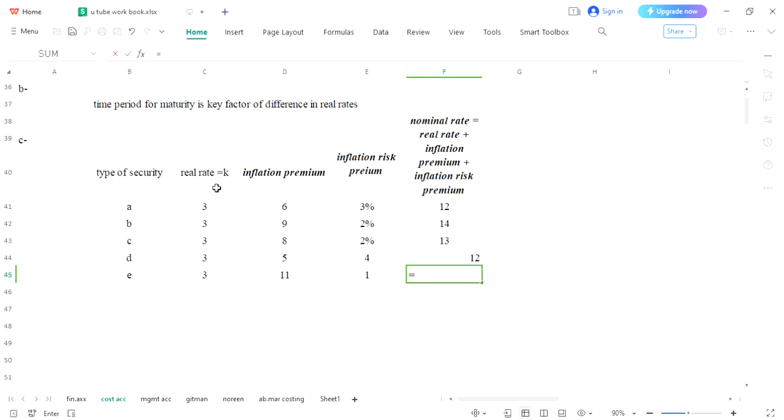And finally, we have 3% for security number E, real rate. You will add inflation premium 11 and risk premium 1. So finally, we have got all nominal rates for all the securities present in our question.